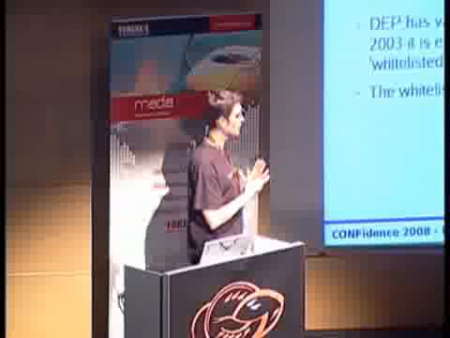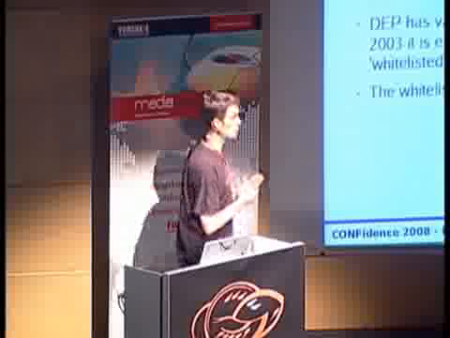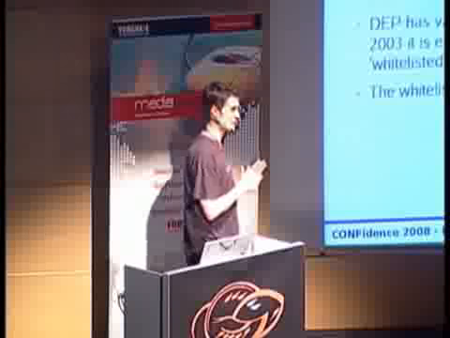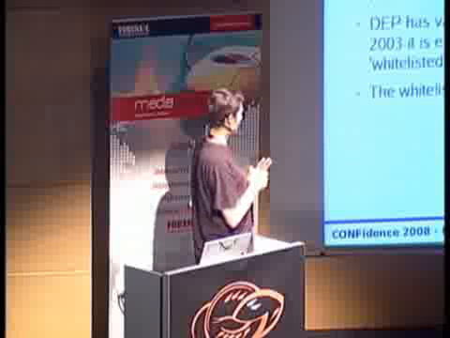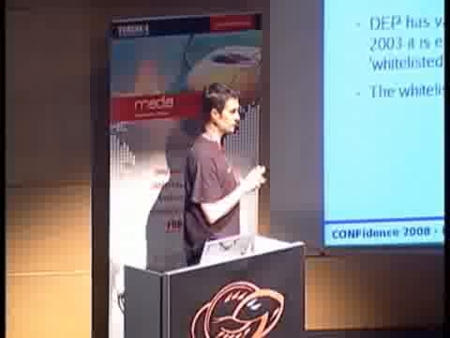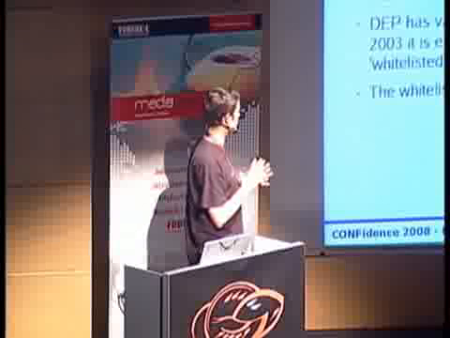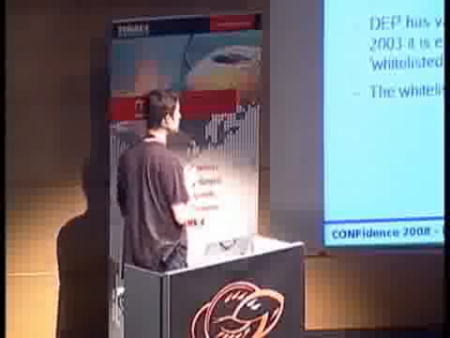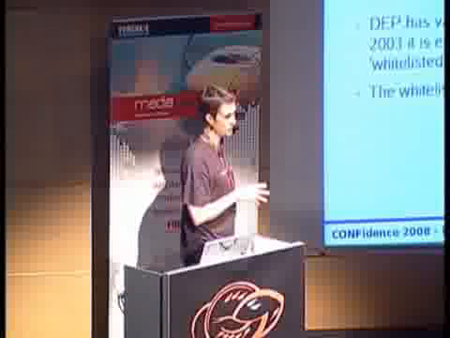And the last value is opt-out, which means that all executables will be protected unless they have been whitelisted. This is the default on Windows 2003, so Windows 2003 SP1 is shipped with this setting, and the whitelisted programs are listed in the Windows registry.